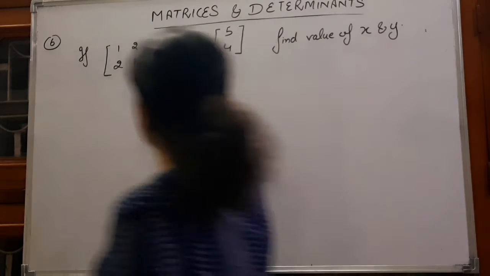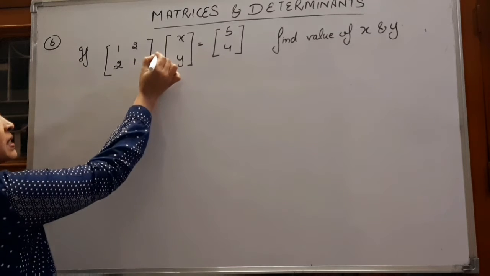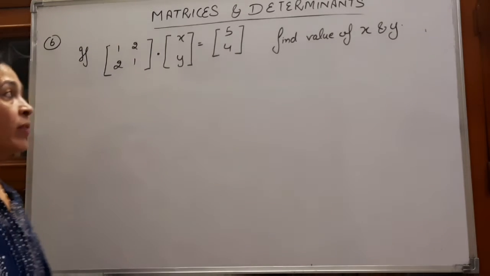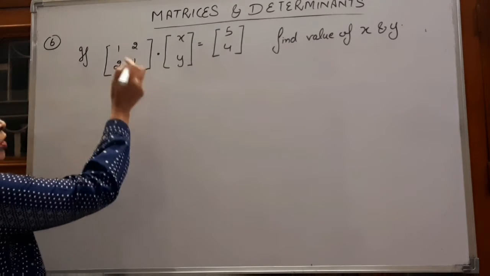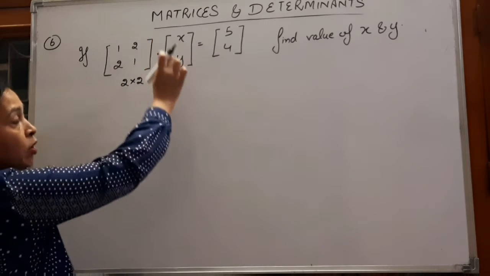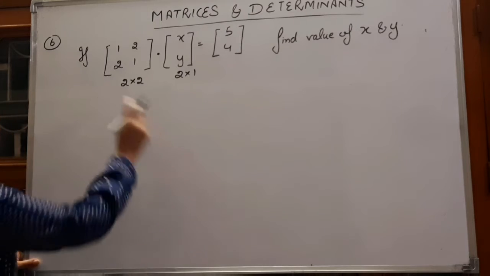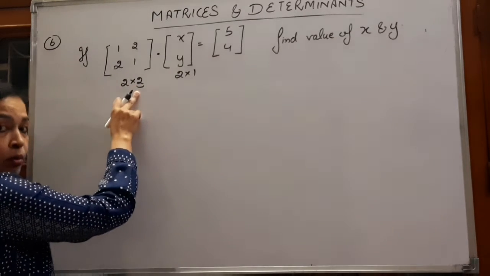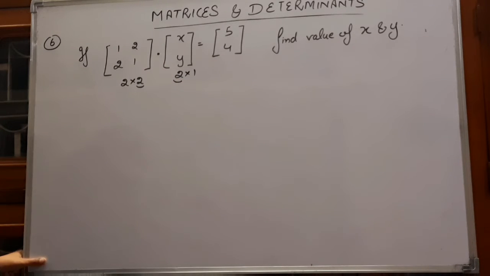If two matrices are given with no sign in between, it means we must have the sign of multiplication, equal to another matrix. We have to find the value of X and Y. Now, the order of this matrix is 2 by 2, 2 rows, 2 columns, and the order of this matrix is 2 into 1. For multiplication to be defined, the columns of the first matrix must be equal to the rows of the second matrix.